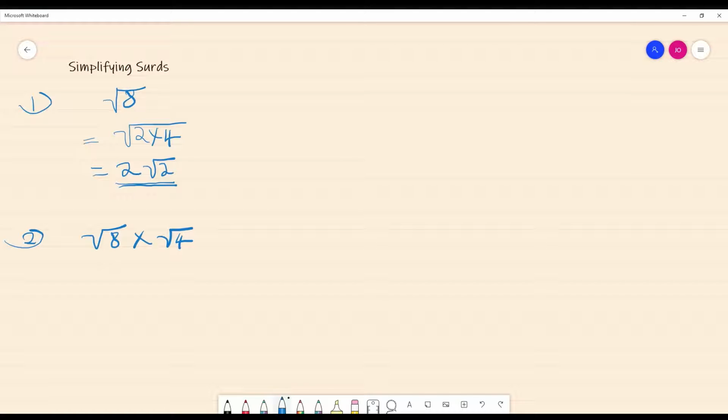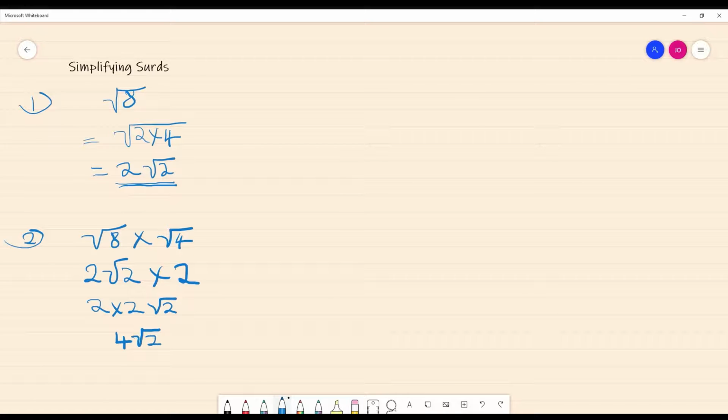It's 2 root 2 times, and the square root of 4 is 2. So here we have 2 root 2 times 2. So we can actually multiply the two integers, which is 2 times 2, and here root 2. So we have 4 square root of 2.